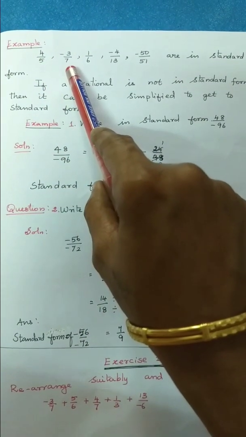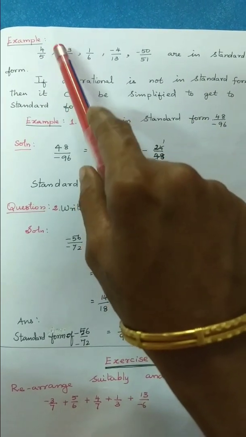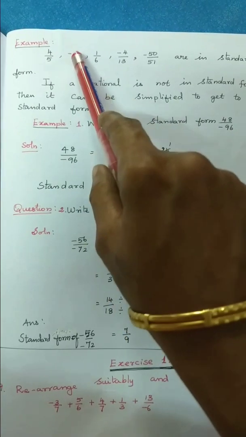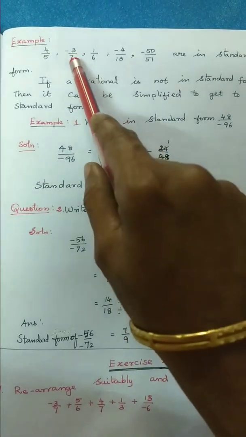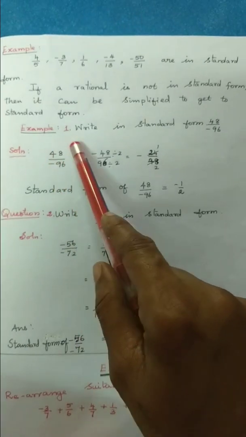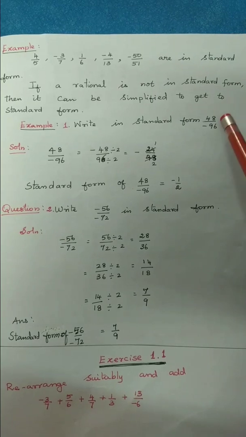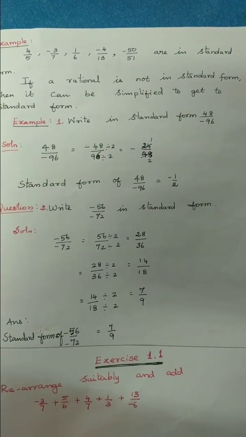Okay, here also we cannot simplify. So this is in the standard form. Like this only, all these. Okay.